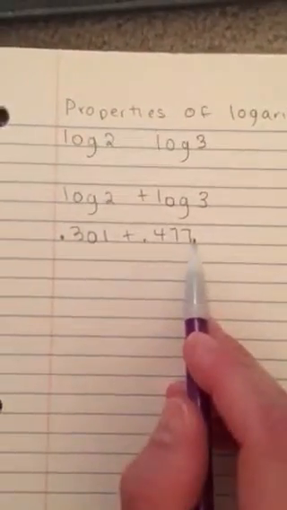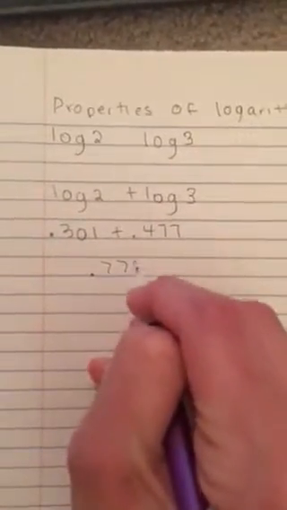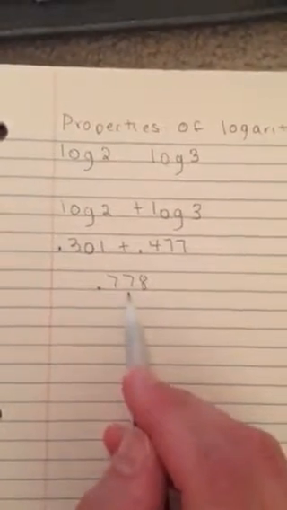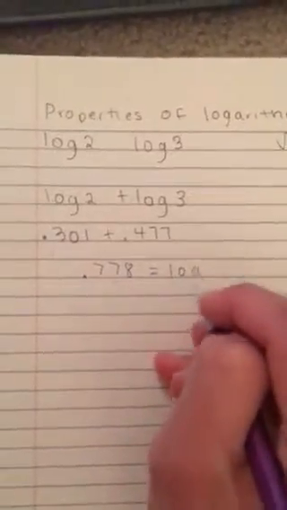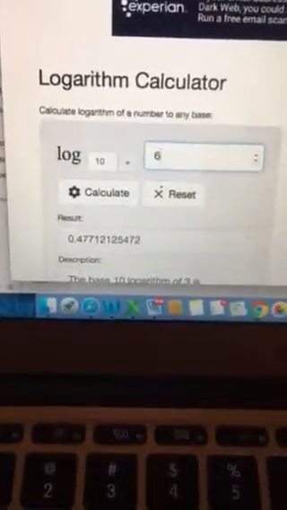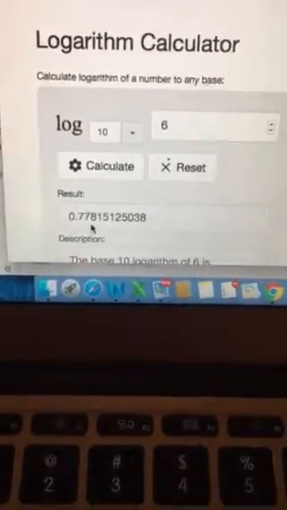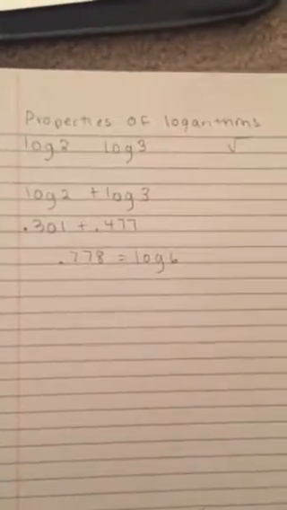If we add these together, we get 0.778. And what's interesting is that this value is equivalent to log 6. I'm going to show you that over here. So back to the calculator. Hopefully this is not too confusing going back and forth. You see that? 0.778. So this is an interesting thing that happens with logarithms, and it is because of the fact that they're exponents.